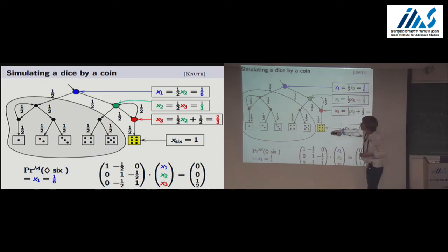By symmetry, this also applies here to the left, to the outcome 1, and here you can do an analogous calculation. One question: what happens if this linear equation system has no solution or many solutions?